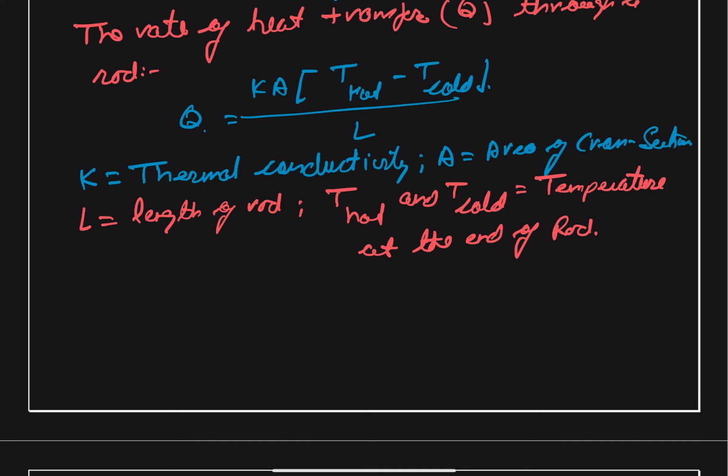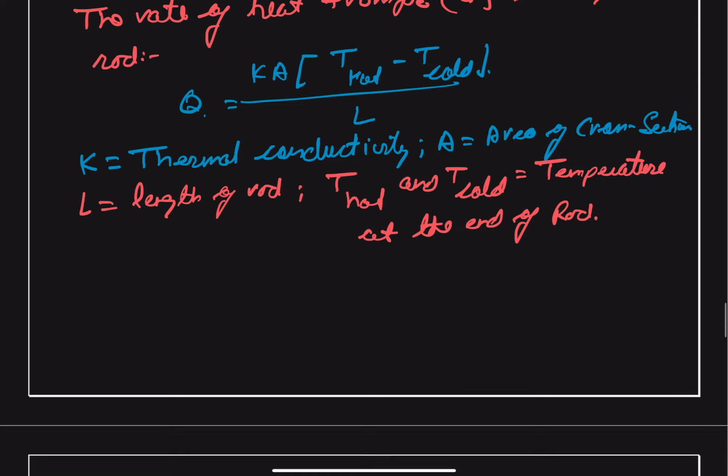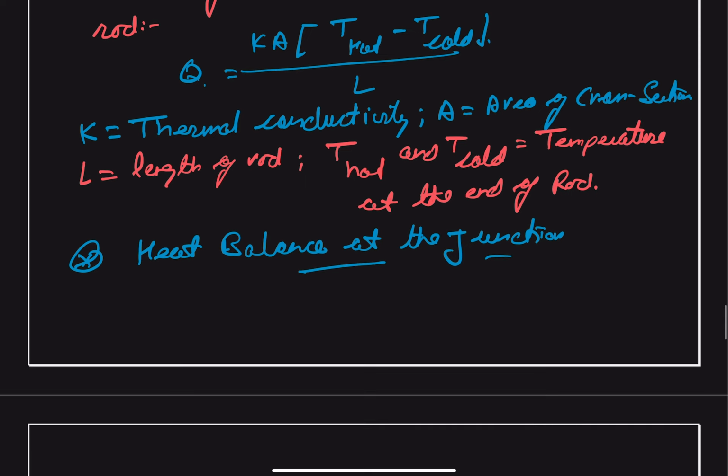Now we are going to use another concept called heat balance at the junction, because incoming heat will be equal to outgoing heat. So we can say heat balance at the junction. And this heat balance is under the steady state condition.